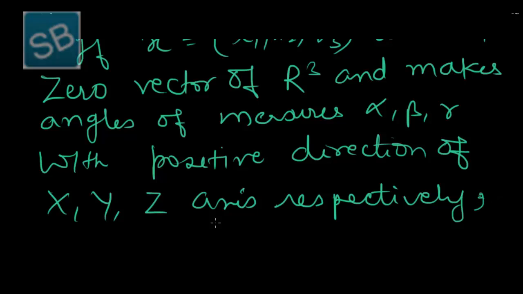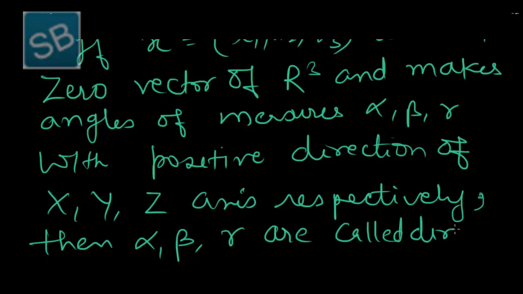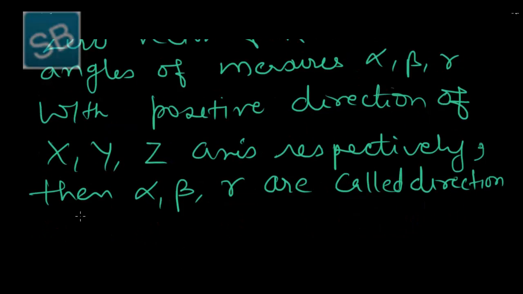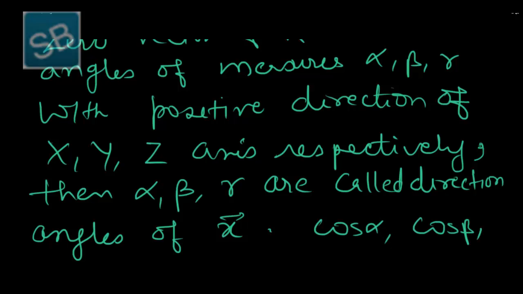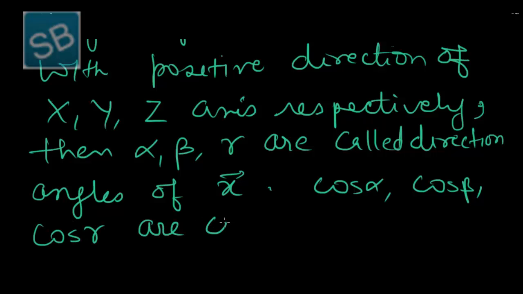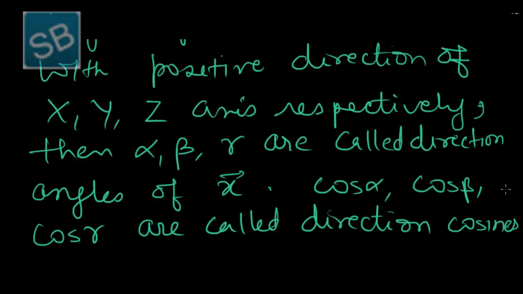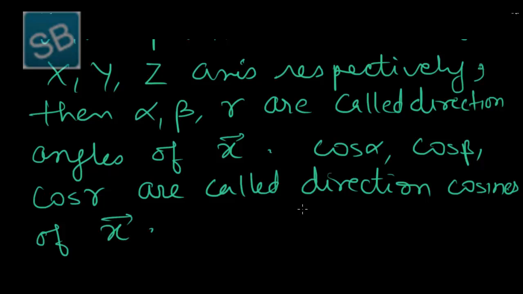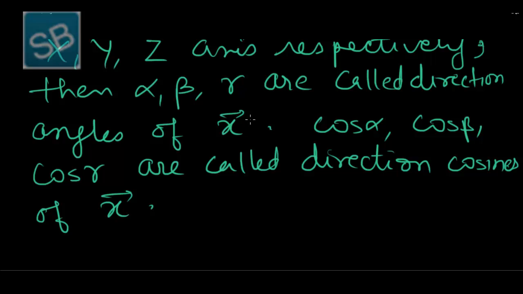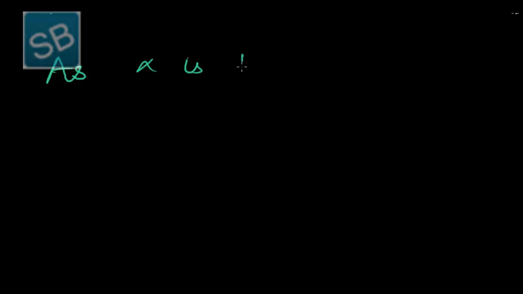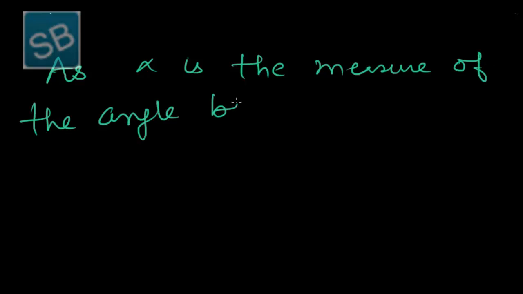Then alpha, beta, gamma are called direction angles of vector x, and cos alpha, cos beta, cos gamma are called direction cosines of vector x, as alpha is the measure of the angle between vector x and unit vector i.